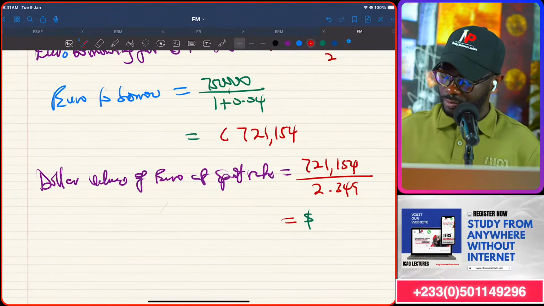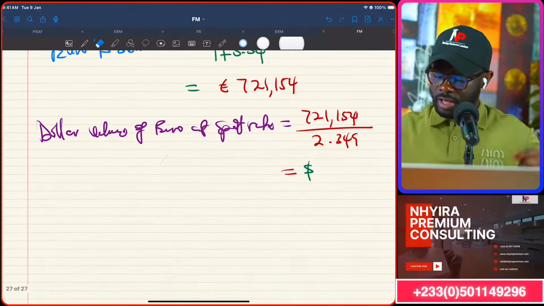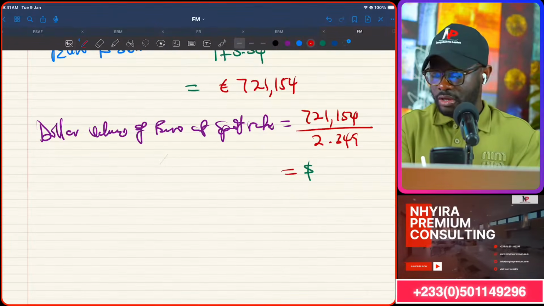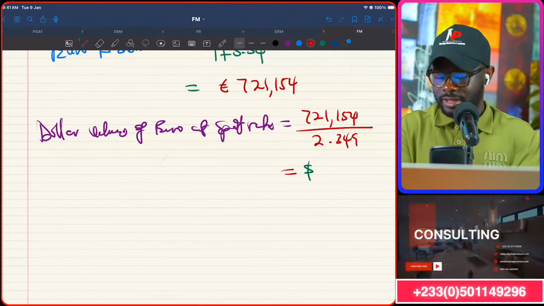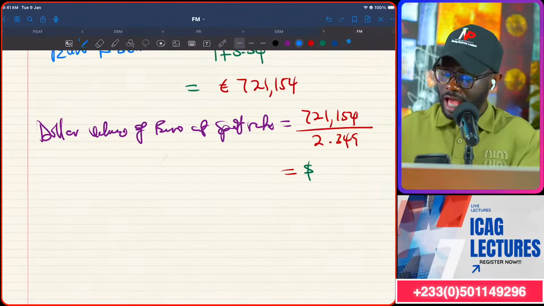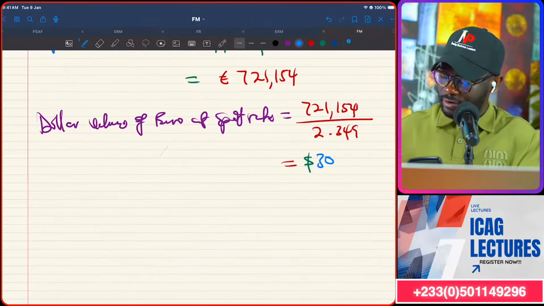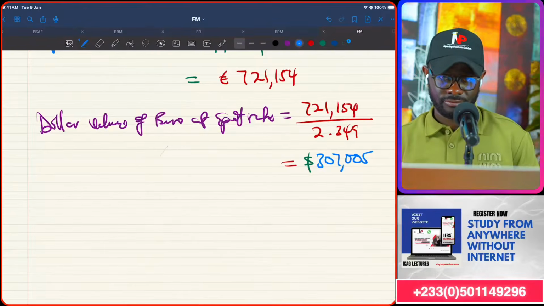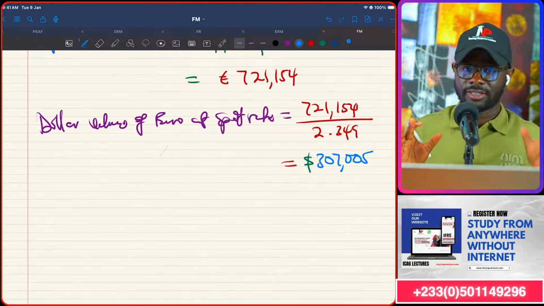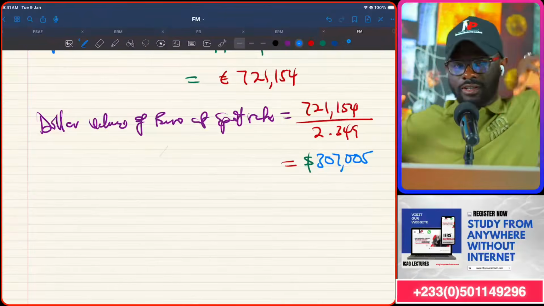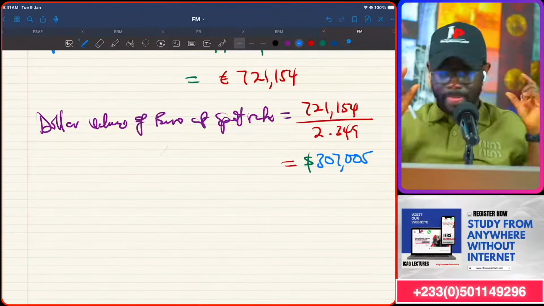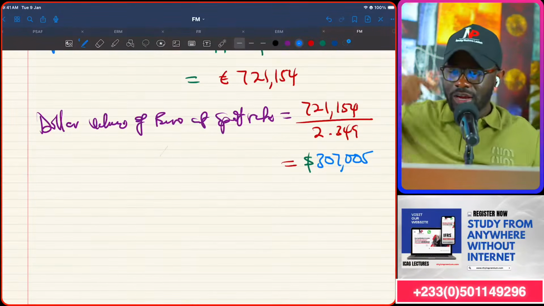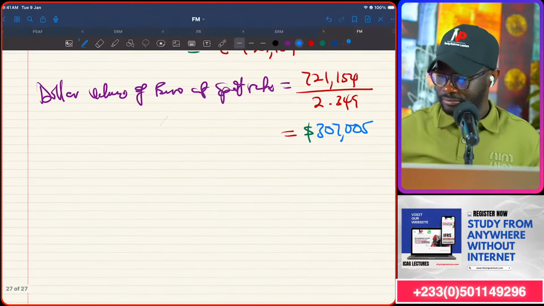Let me put the currency signs up as we build a story. So my answer, 721,154 divided by 2.349. So now we have 307,005 US dollars. Are you getting it? 307,005 US dollars. Now, we then deposit that, and interest is going to accrue on that money.